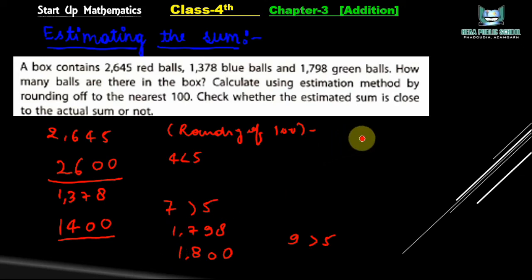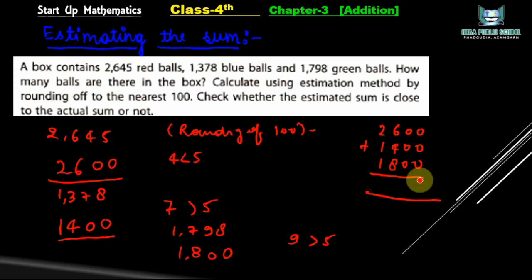Now we are going to find the estimate sum. So the first number is 2600 plus 1400 and 1800. 0 0 0 is equal to 0.